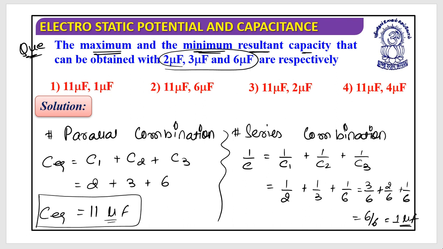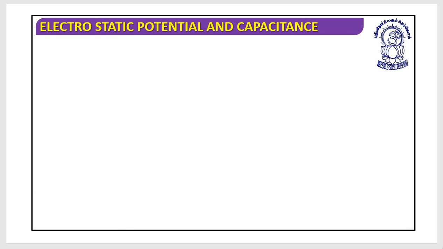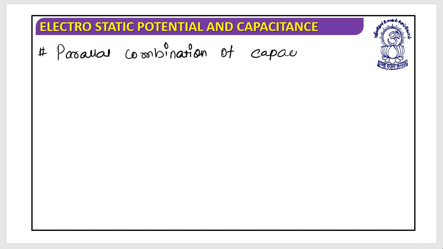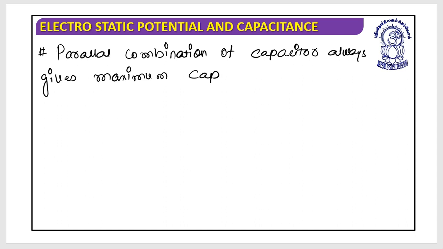So in summary, what I can have is that a parallel combination of capacitors always gives maximum capacity.